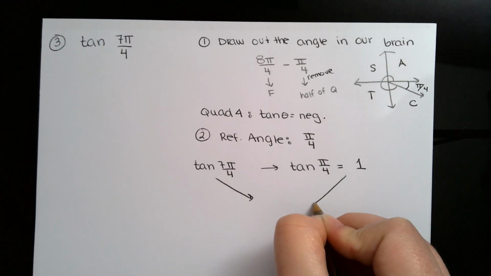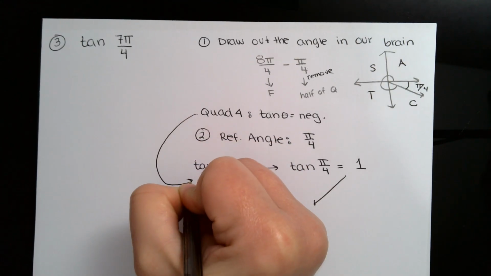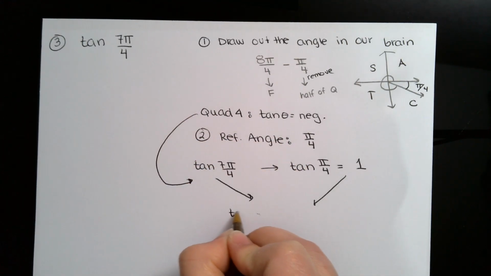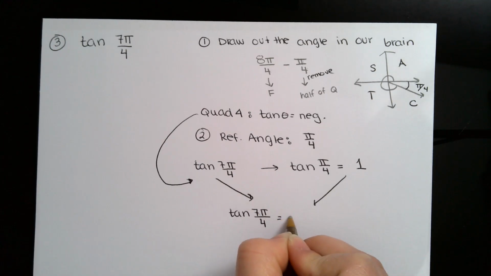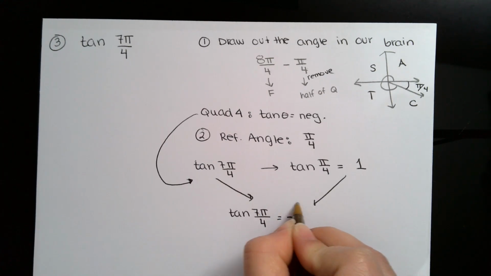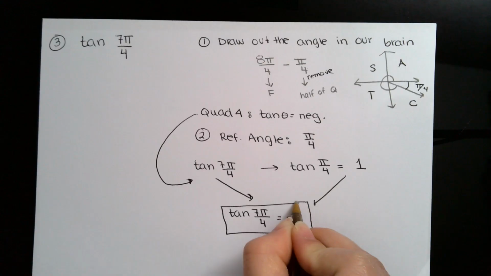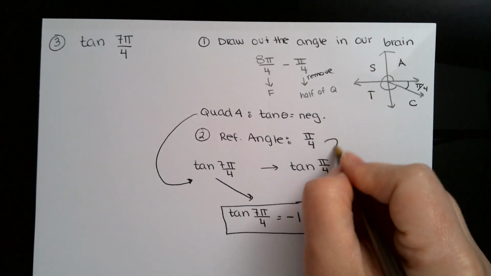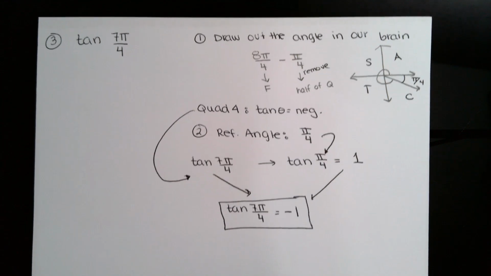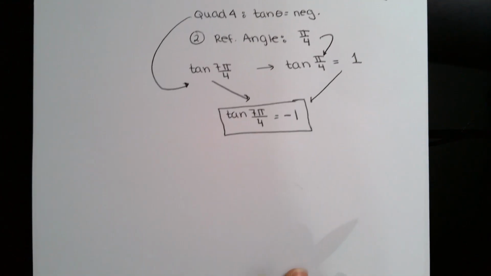So when we combine these, including our quadrant, we have tangent of 7 pi fourths is equal to negative 1. Negative because it's in quadrant 4. 1 because tangent of pi fourths, the reference angle, is 1. Okay, let's go again.